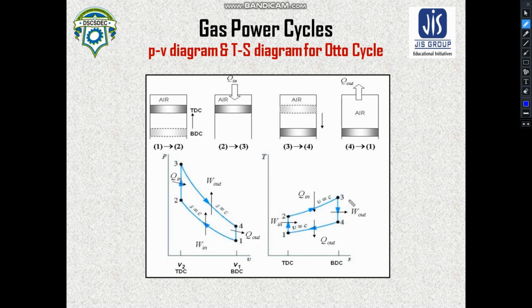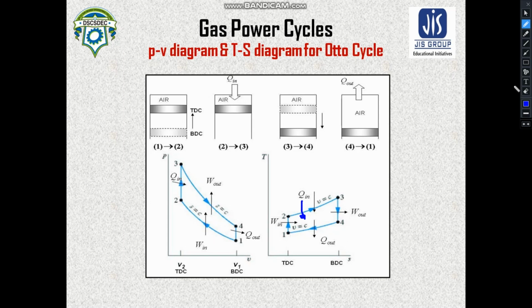Then what happens? Constant volume heat addition, isochoric heat addition takes place. So here heat is being added, and again the reversible adiabatic expansion takes place. That means isentropic expansion, entropy remains constant. So this is a straight line over here, and then constant volume heat rejection once again.